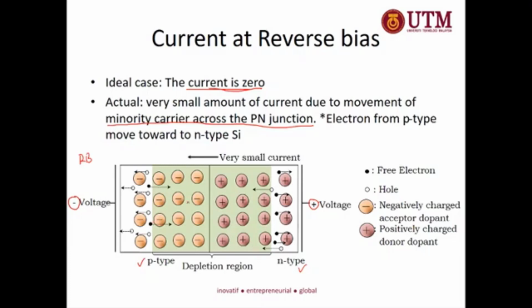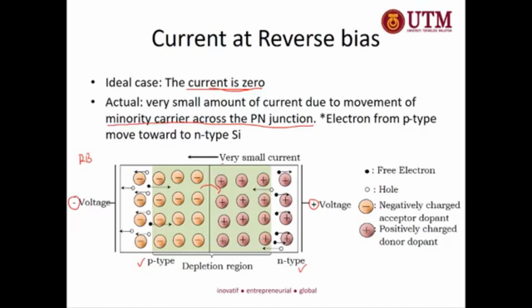Since we have the electron, the potential barrier or the built-in potential formed inside the depletion region will not impede the movement of the minority carrier. Rather, it attracts the electron to cross the PN junction. The electron is negatively charged, so the positively charged ions inside the depletion region will attract the minority electrons inside the P type to move across the PN junction and eventually produce a very small current.